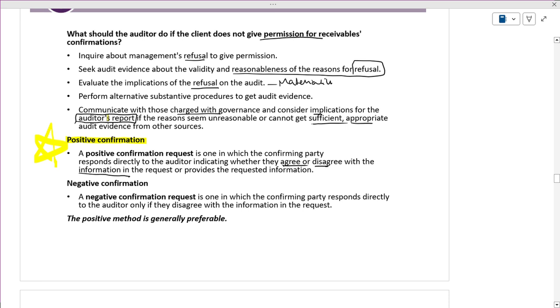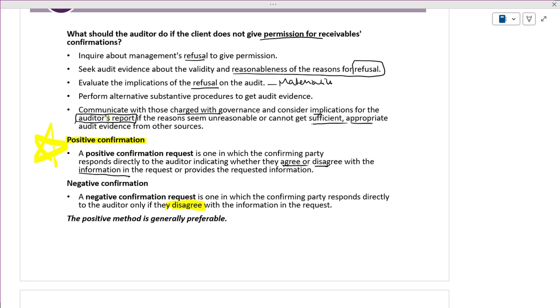Positive confirmation means you are agreeing or disagreeing with the balances. What is the negative confirmation? It is one in which the confirming party responds directly to the auditor only if they disagree. Now, what is the difference?